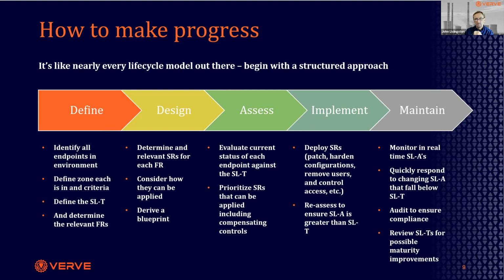And then over time, I can review those targets and say, okay, we had a target of a 2 when we began, but we'd actually like to increase that target to a 3, let's say, because certain of our zones are very, very critical to operations.